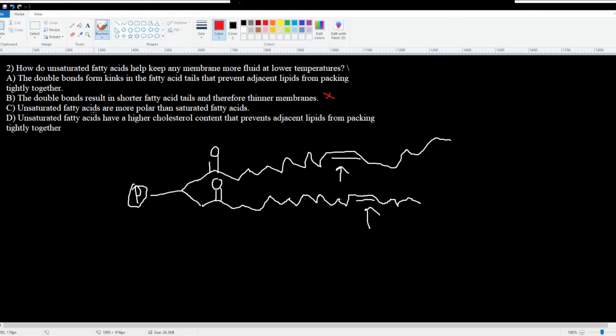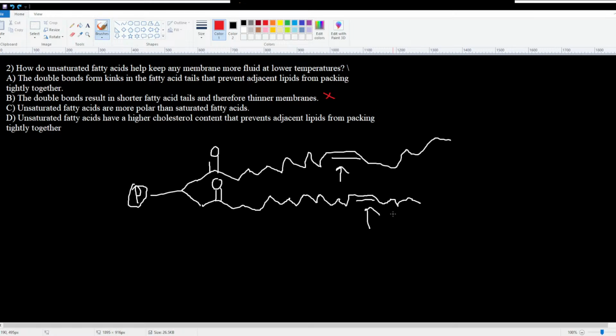Which they're not, right? So how about unsaturated fatty acids are more polar than saturated fatty acids? Well, that one's also not true because the presence of double bonds has nothing to do with polarity, right? We're not talking about polarity. This is pretty much the exact same polarity as if it was saturated, right? So that doesn't help keep the membrane more fluid.